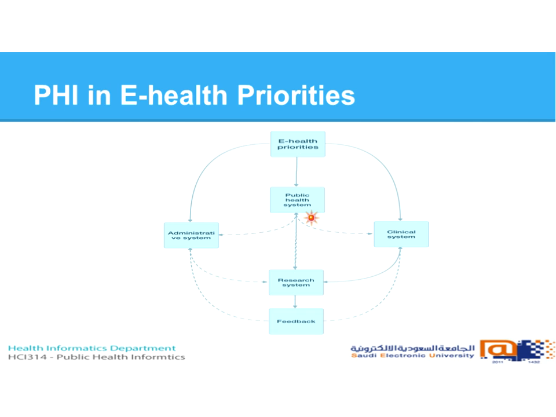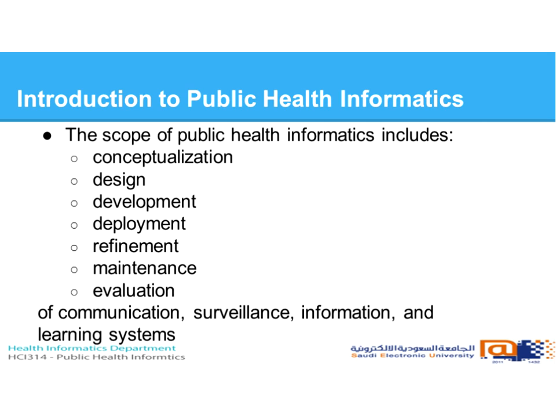So the e-health, or electronic health, priorities in this context are these. The e-health priorities have as their prime base the public health system, which is the main priority, and the person should be able to relate with the administrative system and should have a background in the clinical system.